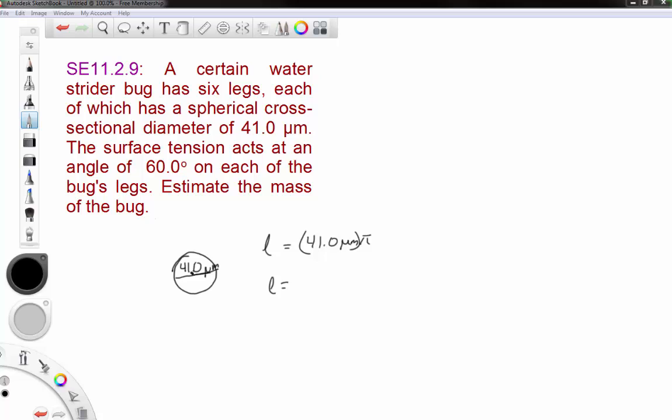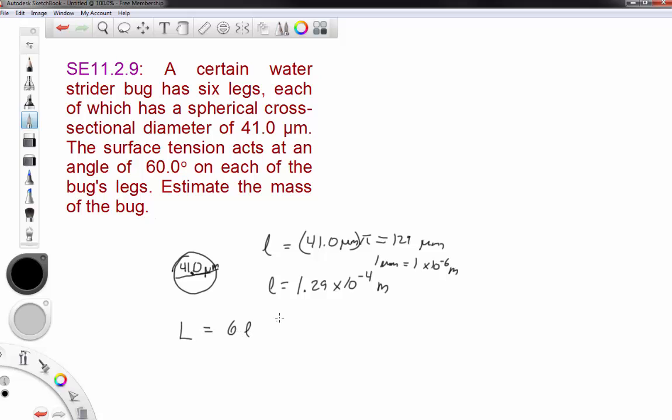And 41 was micrometers, so this gives us 129 basically. So this becomes 1.29 times 10 to the minus 4 meters, because again, this right here is going to give us about 129 micrometers. 1 micrometer is equivalent to 1 times 10 to the minus 6 meters. So this is the length of each leg.